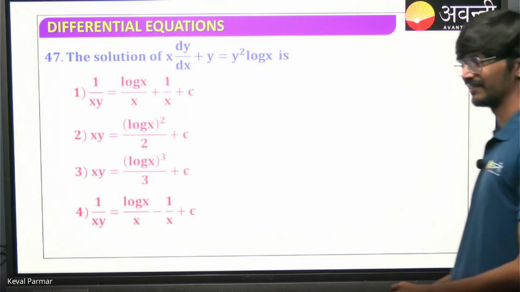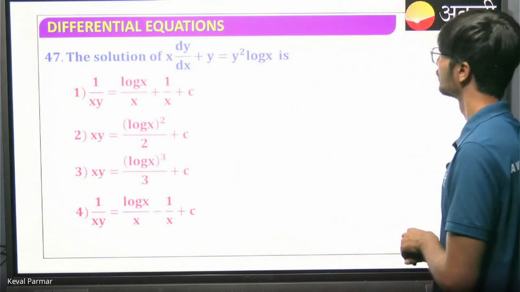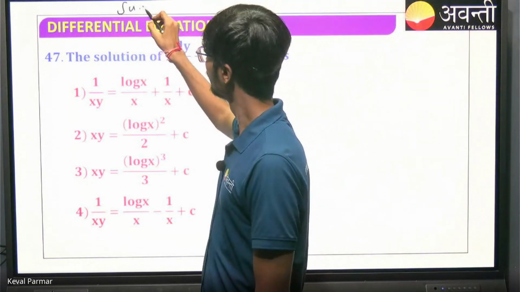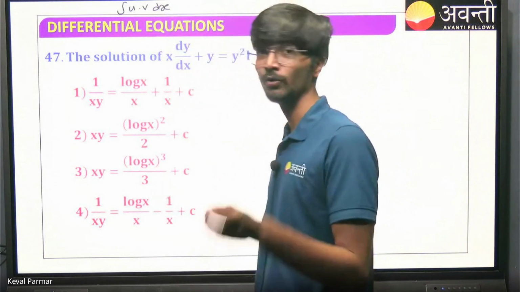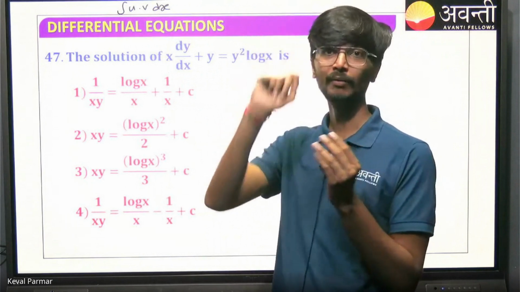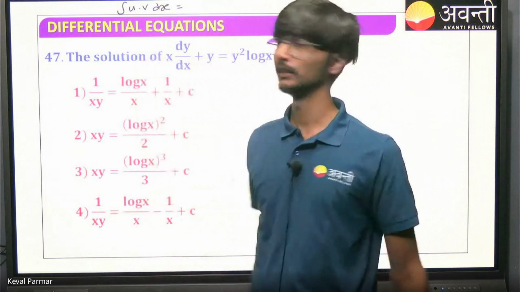I hope you know the extended UV rule, which I applied in the last sum, right? Should I write it here? I'll write on the top. If we get integration of u into v dx, and out of u and v we have u as algebraic, meaning x raised to the power n types, then we can use the extended rule. You learn this in engineering first year itself.